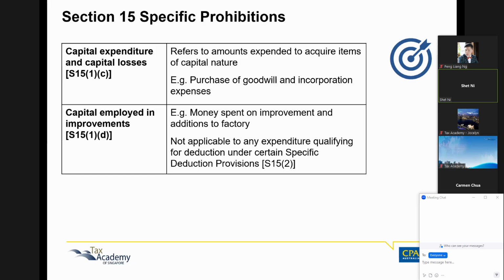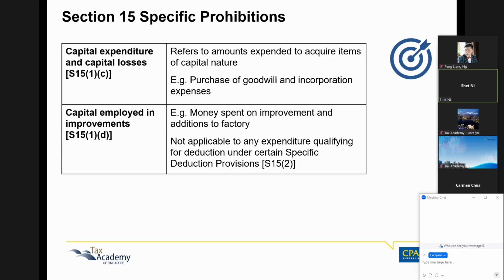The incorporation expenses are for you to start to receive that income, to start putting your business operating apparatus in place. So that's not deductible.